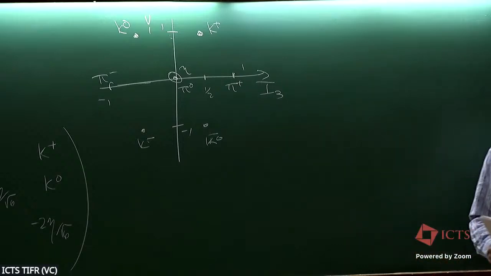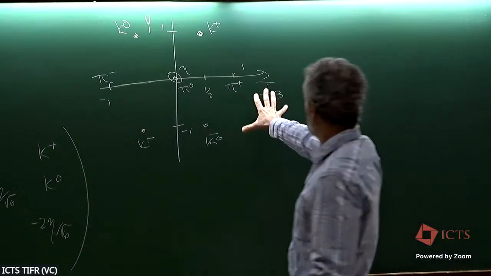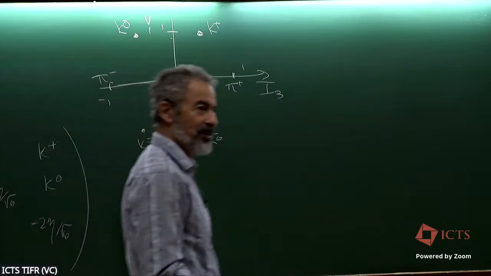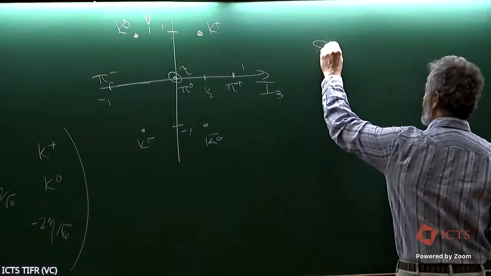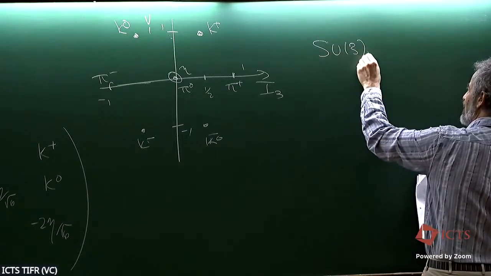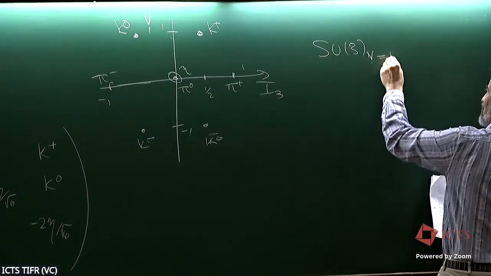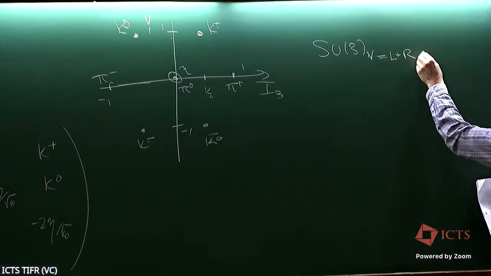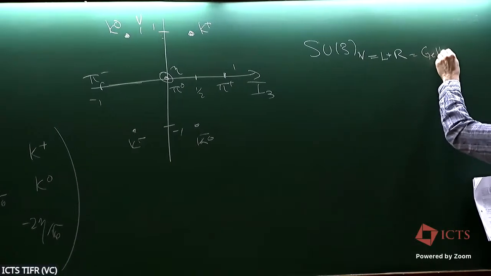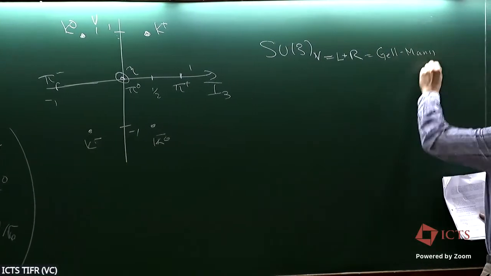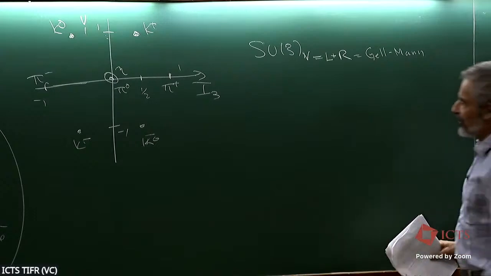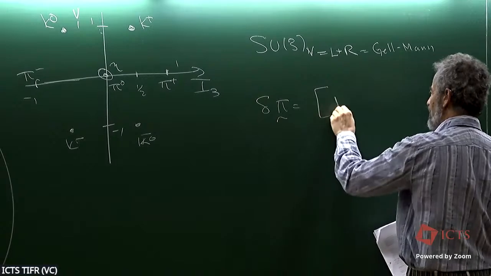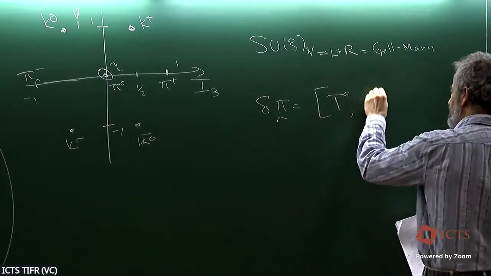And the way to understand, again, why these particles with these quantum numbers are mapped onto a matrix like this is to remember that under the SU(3) vector transformation, which Gino's been writing as L plus R, the same as Gilman's SU(3), the variation of the pi matrix is the commutator of the generator with pi.